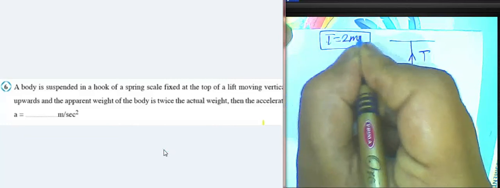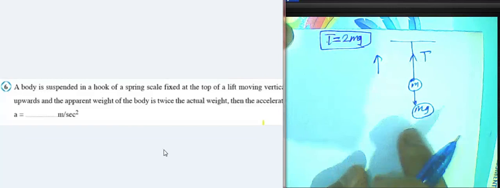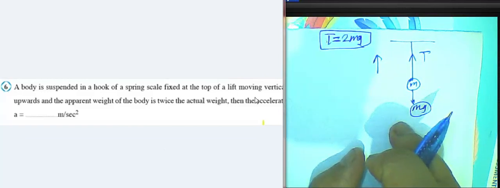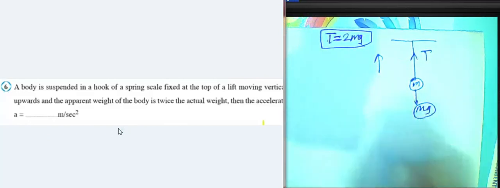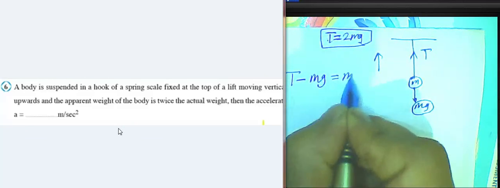He gave us this information about this example. Moving vertically upwards, so we can write T subtract mg from Newton's rule: T subtract mg equal ma.